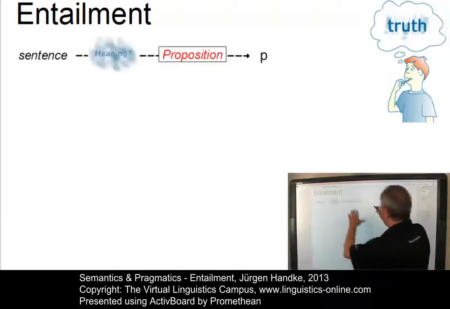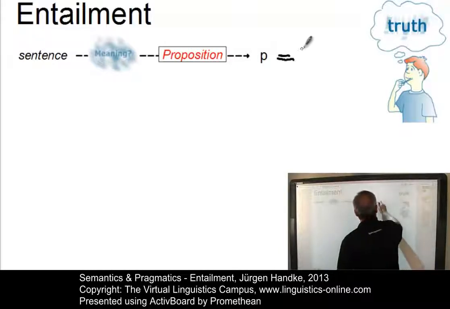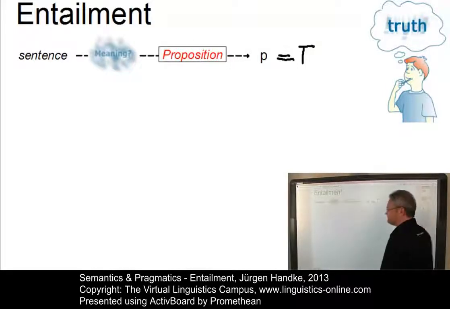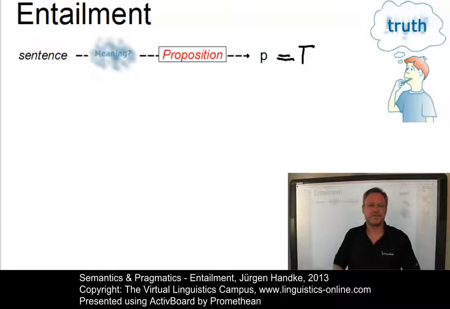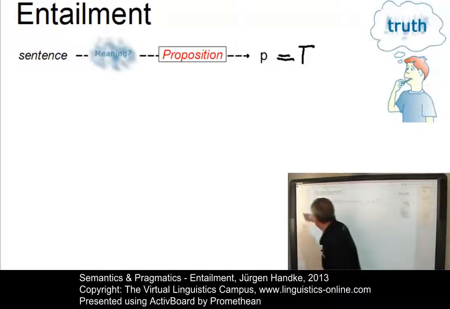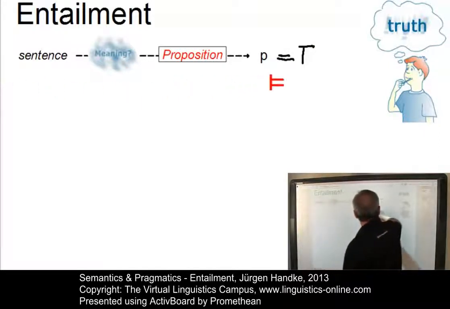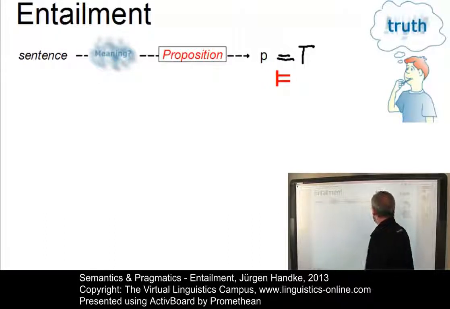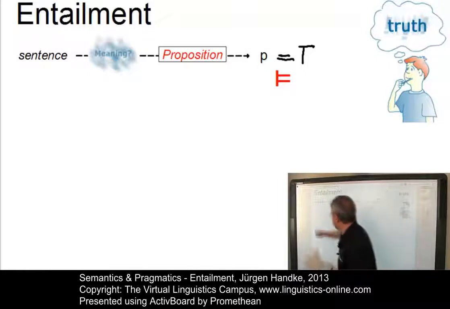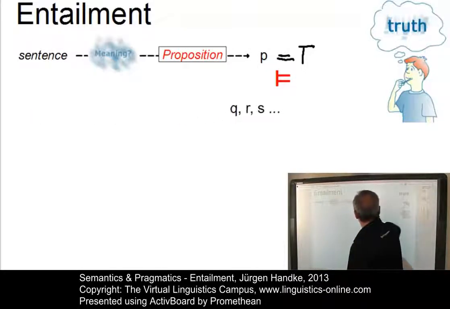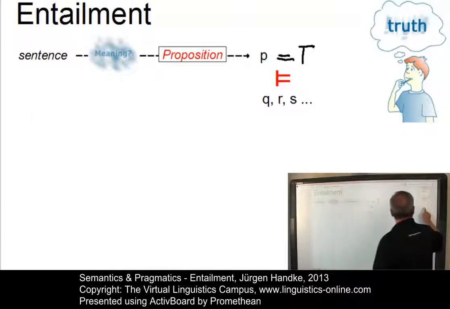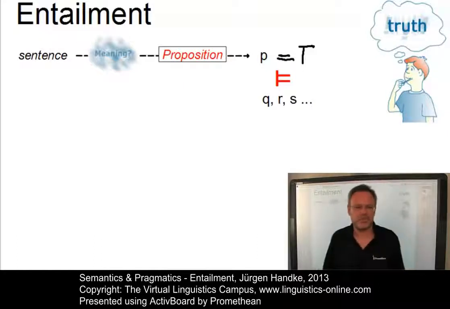So, if P is true, then it may entail, and this here is the propositional symbol for entailment, if P is true, it may entail any other proposition Q, R, S, and so on and so forth.